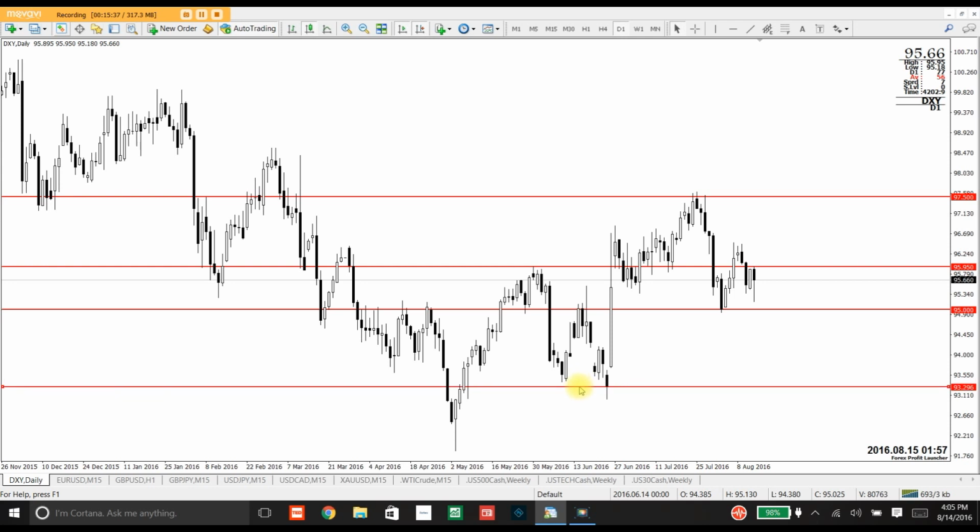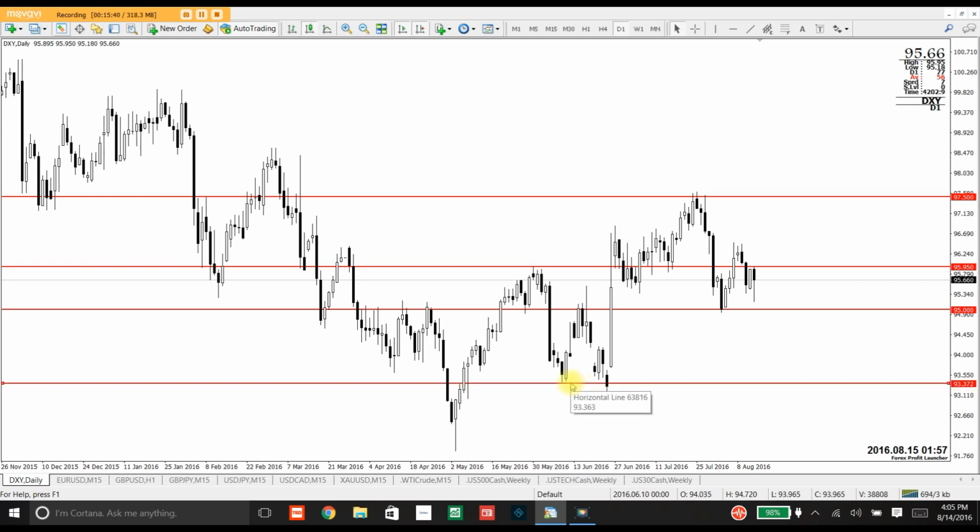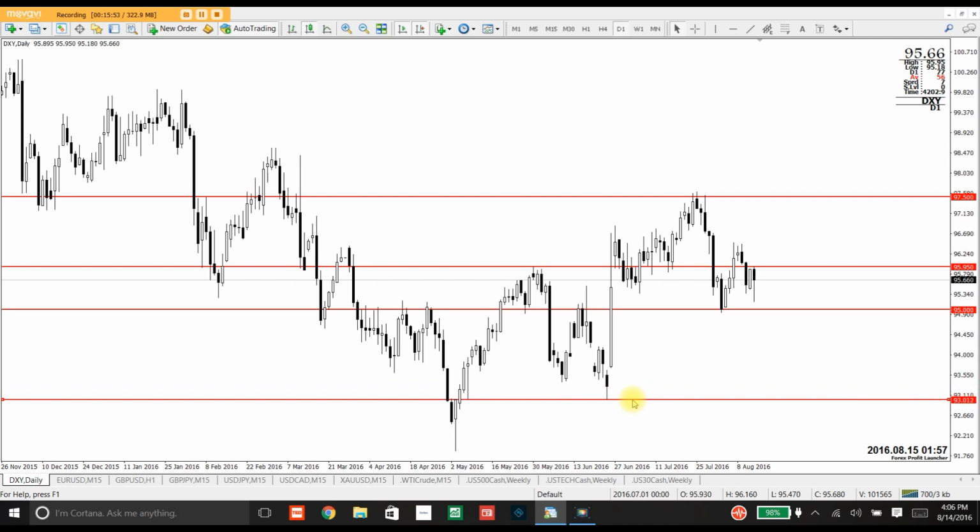The reason why I'm going to use this swing point down here, this 93.37 area, the low is 93.40. What's this low come in at? This one actually we may be able to use, because this is right at 93.00. This was a good level to have.